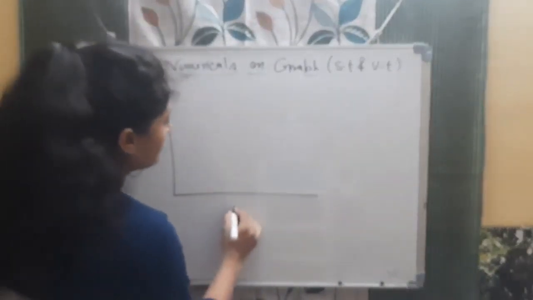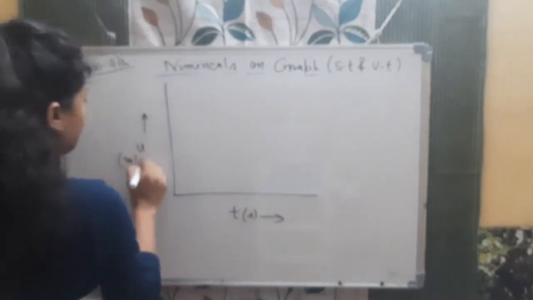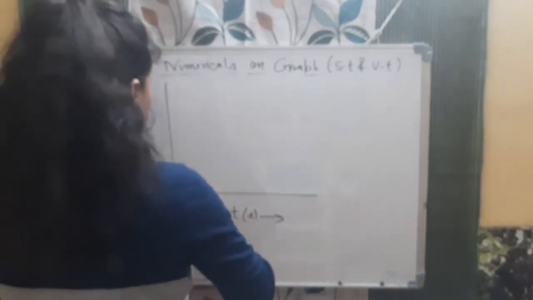Okay. See. Velocity, time is in second. Velocity is given in meter per second. And the object is going like this.